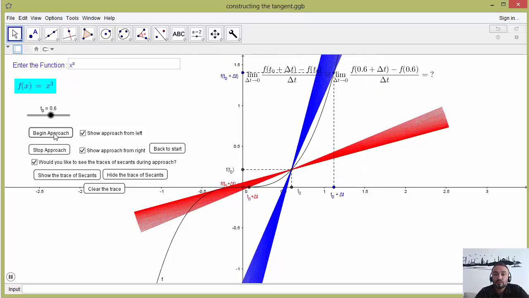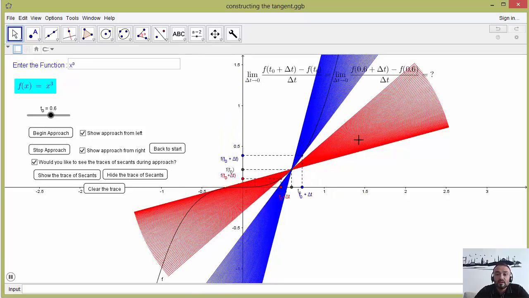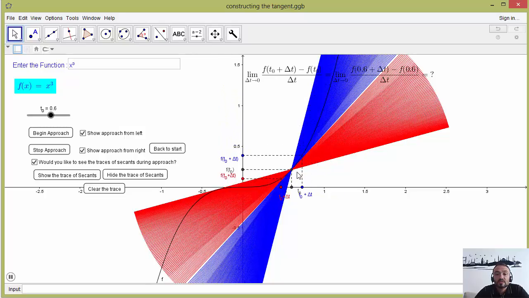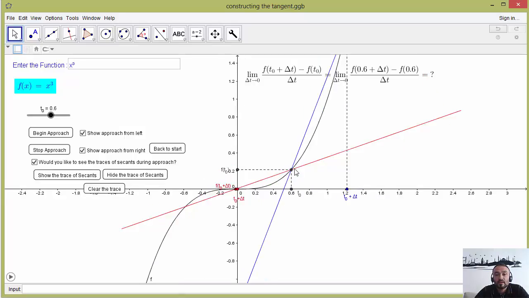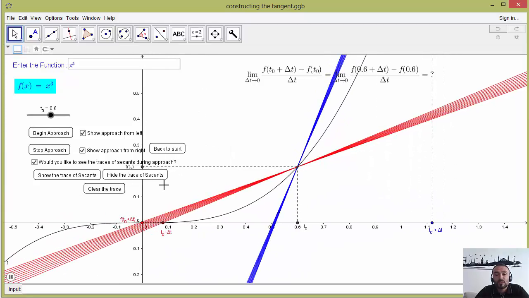During the approach, my secants leave a trace, and you can say that this limit exists if the two traces meet. Stop. Begin the approach again.